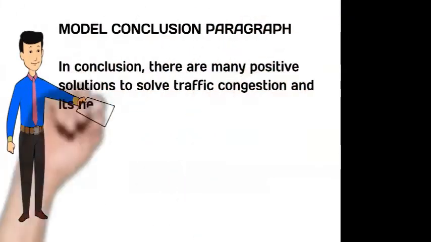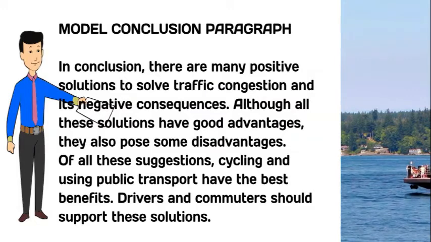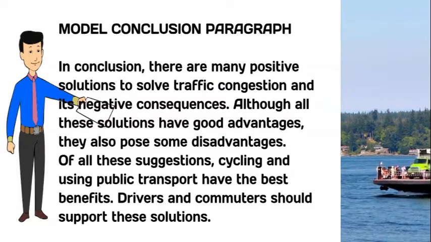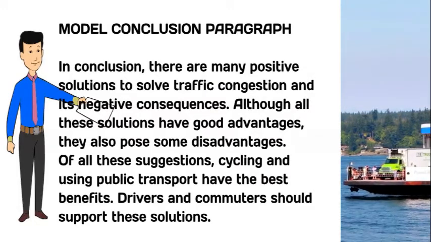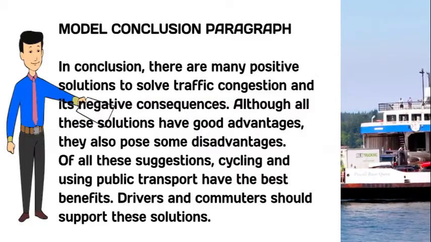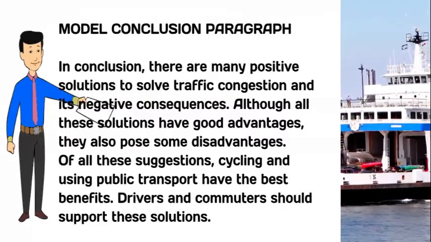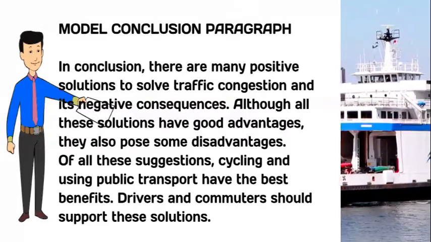Here is now an example or a model for a conclusion paragraph. In conclusion, there are many positive solutions to solve traffic congestion and its negative consequences. Although all these solutions have good advantages, they also pose some disadvantages.